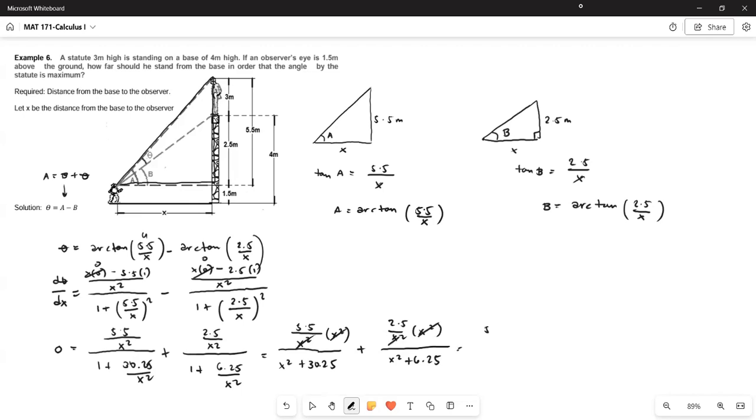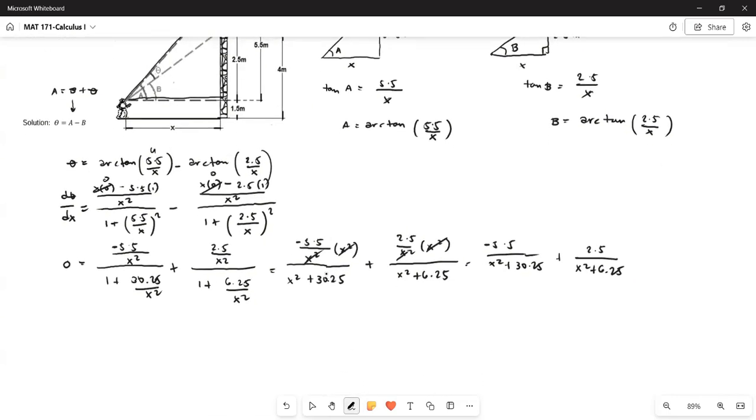Magkakaroon na tayo ng 5.5 over x squared plus 30.25 plus 2.5 over x squared plus 6.25. Actually, class, nakalimutan natin yung negative dito. May negative dyan, dyan din. Ayan. Kalimutan lang natin yung negative sign. Next is proceed tayo sa next step natin.